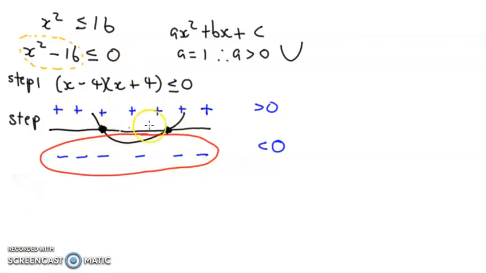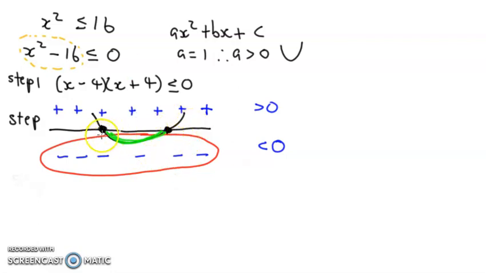And now, because we know that this graph is less than 0 in this region, we want to know the specific part of the graph that is in this region. The specific part of the graph that is in this region is this one. It's this part here. This part here is the one that's situated in the region that's below the x-axis.